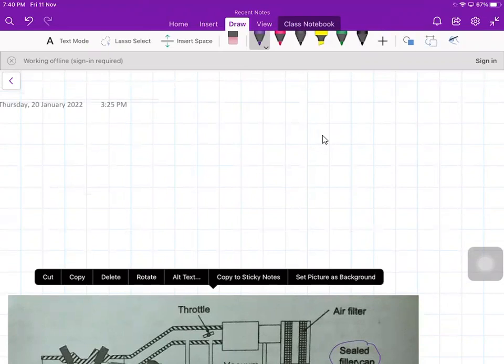There are four ways in which petrol vapors are produced and allowed to escape.